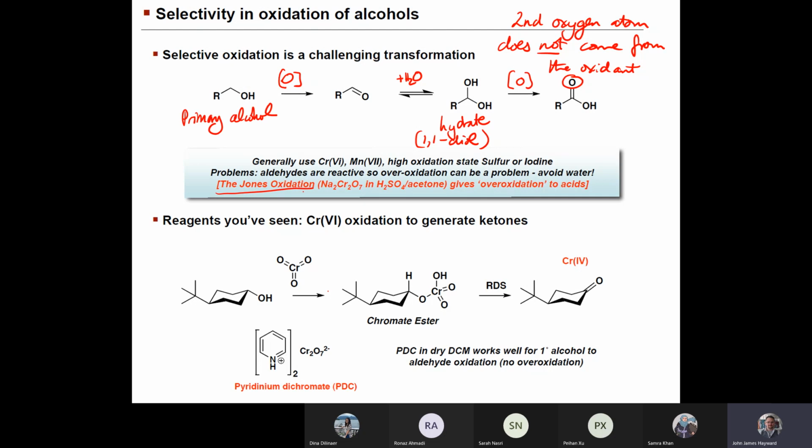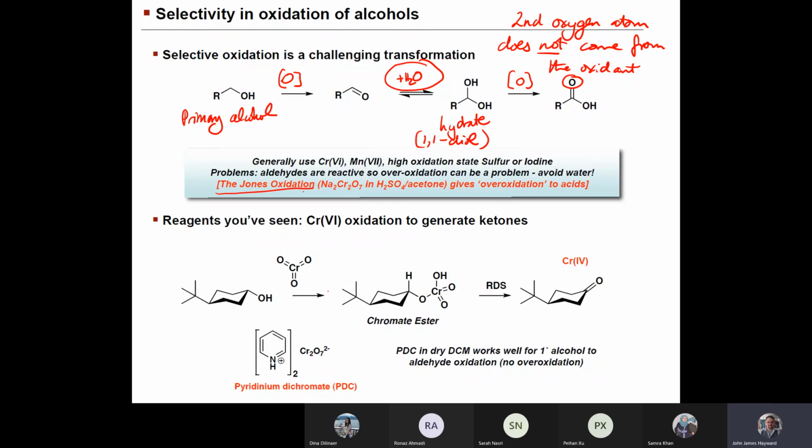And aldehyde is very useful, so we often only want to get the aldehyde. And I would like to believe that with that mechanism that I've shown, you can realize that, of course, if there's no water, then there will be no over-oxidation to the carboxylic acid. So finding ways to do that would be great.